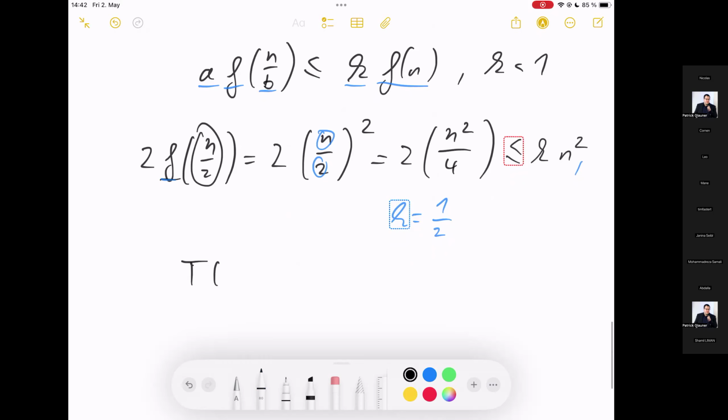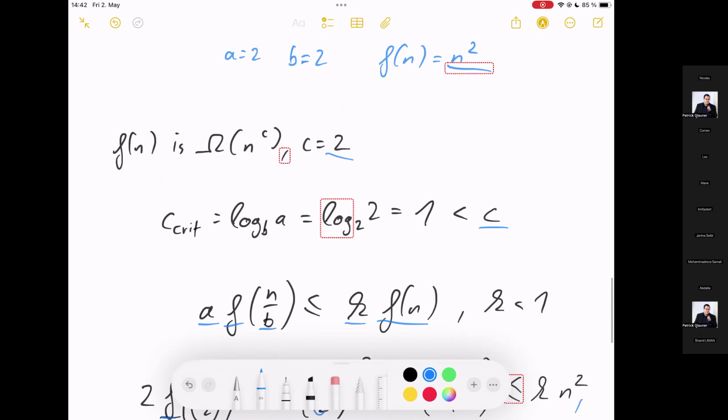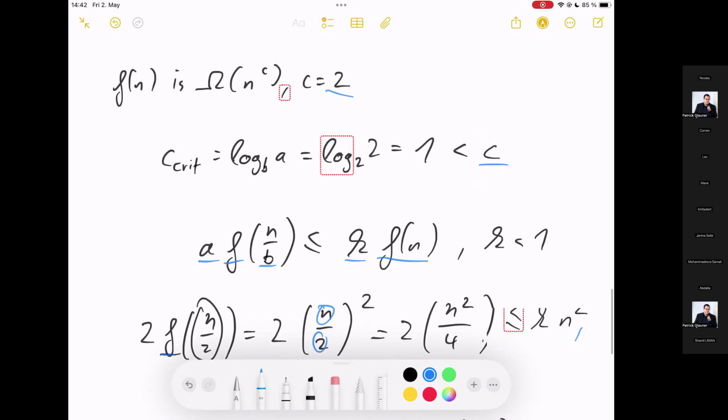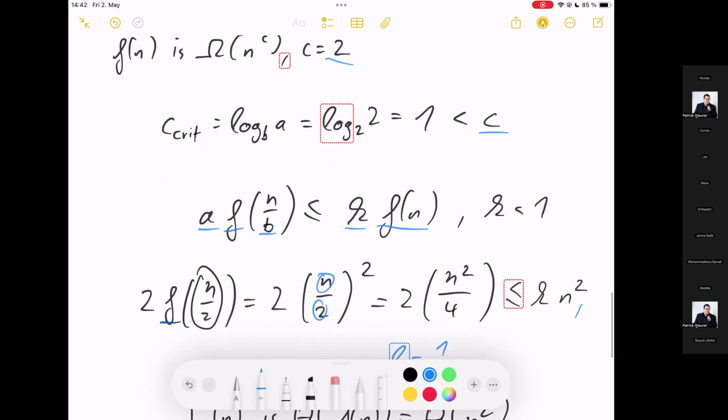We can say t of n is theta of f of n, and that is theta of n squared. So for this recurrence relation, we have found the running time complexity, concretely a theta, not an O.